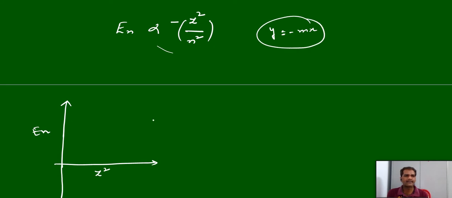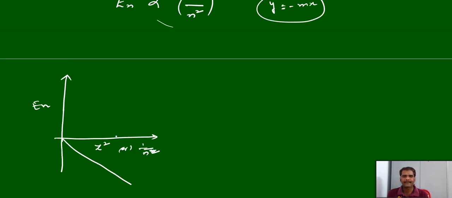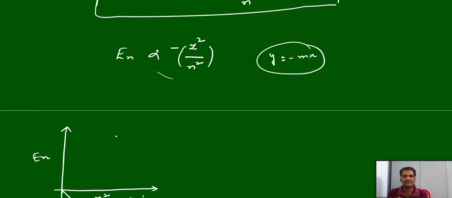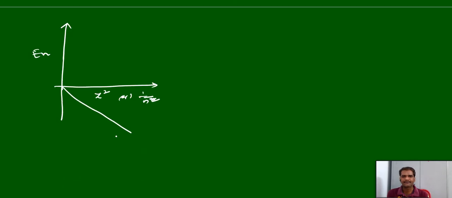For the y equals minus mx graph, I will get a negative slope which passes through the origin. So the graph should be like this. Either Z square, or if we take 1 by n square in place of Z square, we get this type of graph.